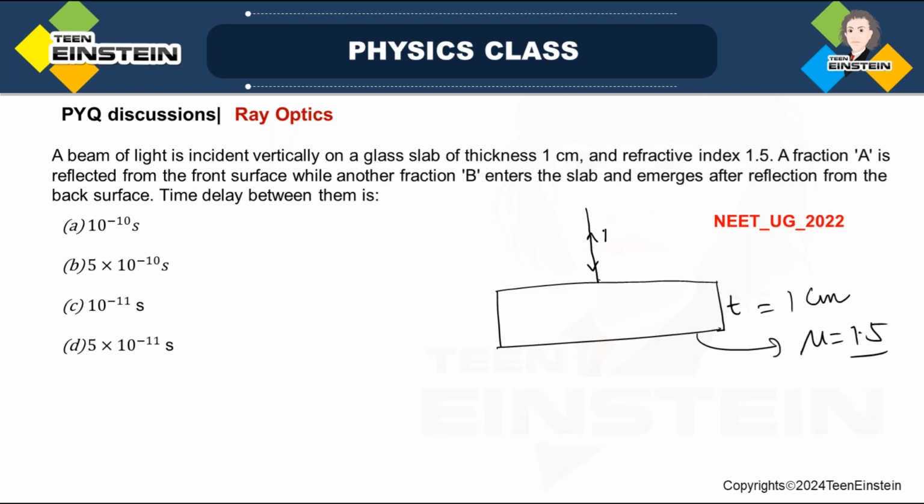This is fraction A. Now another fraction B enters the slab, as you know. After entering, it will deviate, but it will just come up to here.